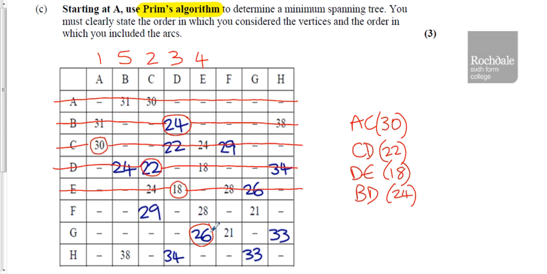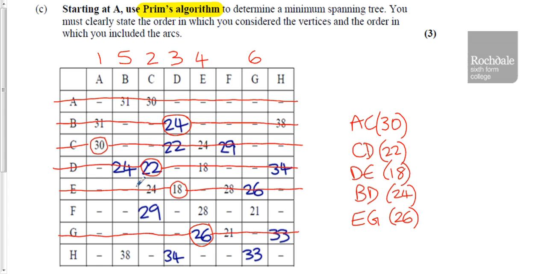So G, E, 26, or EG, which is 26. I tend to write these edges in alphabetical order, so like AC rather than CA, and CD rather than DC, but it really doesn't matter whether you write alphabetical order or not. So EG 26, G is now part of the tree, so cross it out, and G will have number 6.